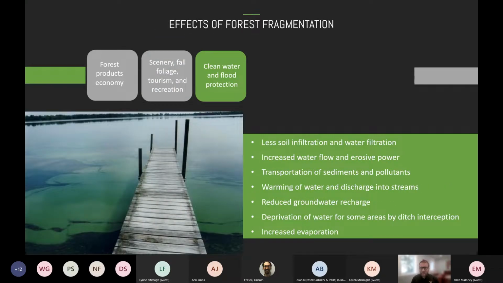This trend towards forest fragmentation also impacts clean water and flood protection. If we have smaller blocks of forest, there's less ability to filter the water, and less of that water is going into the ground. So more of it is moving over the surface, which is going to in turn cause more erosion and less groundwater recharge.